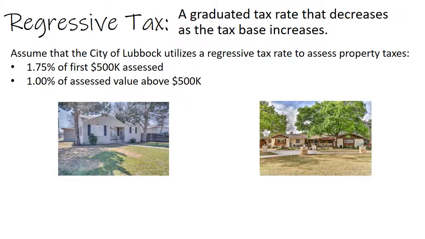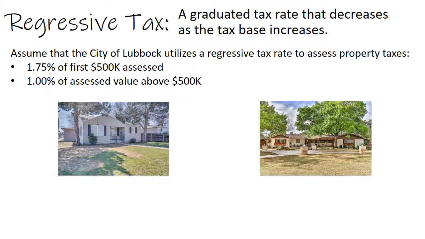Assume that the city of Lubbock utilizes a regressive tax structure to assess property taxes within the city. A property owner will pay 1.75% of the first $500,000 of property value and 1% of all property value assessed above $500,000.